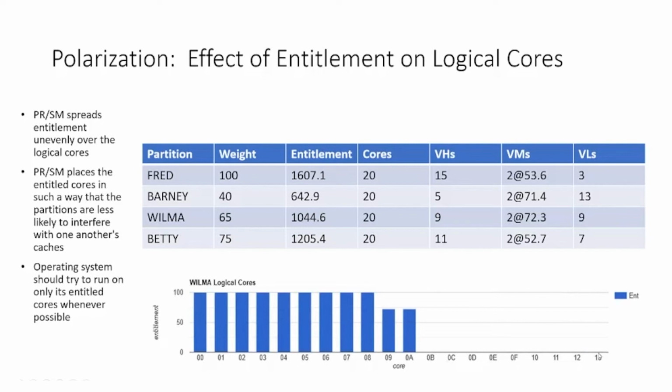Well, they are guaranteed a very tiny drop, but it's almost inconsequential. This is the place where you're not going to get real good dispatch service from PRISM. Over here on the entitled cores is the place where you're going to get excellent dispatch service from PRISM, especially the vertical highs. So the charge to the operating system running in the LPAR is to run on only its entitled cores whenever it can.